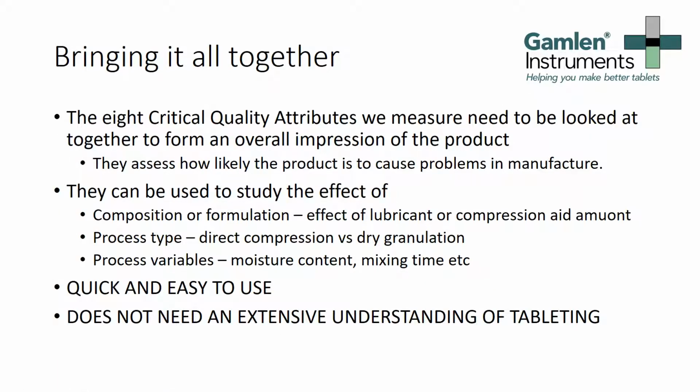The 8 critical quality attributes we measure need to be looked at together to form an overall impression of the product. They assess how likely the product is to cause problems in manufacturing.